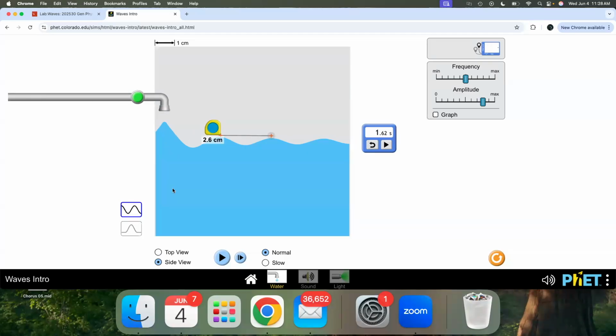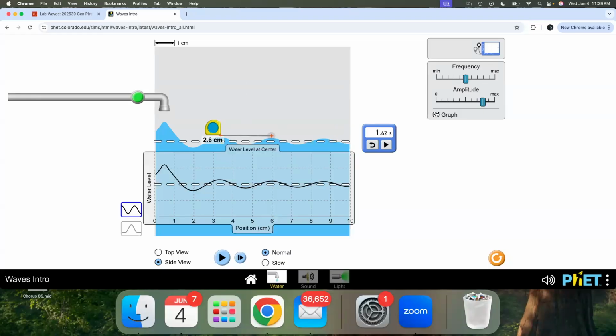What I would do now is take some screenshots, play around in here, maybe change the frequency, change the amplitude, maybe produce a graph. Just go in here, play around, take some screenshots, and then write a couple of sentences about each screenshot. Hey, you can see here that the wavelength is about 2.6 centimeters, and so forth.